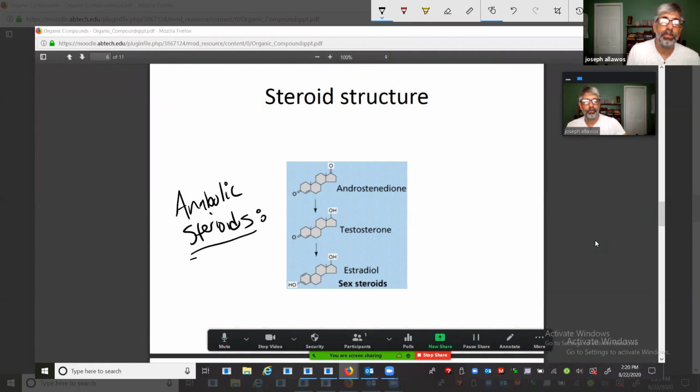Is there a legitimate use for anabolic steroids? Of course. If you are transitioning, for example, if you're transitioning from female to male, then you might take anabolic testosterone to facilitate that transition. It's also used to treat inflammation.